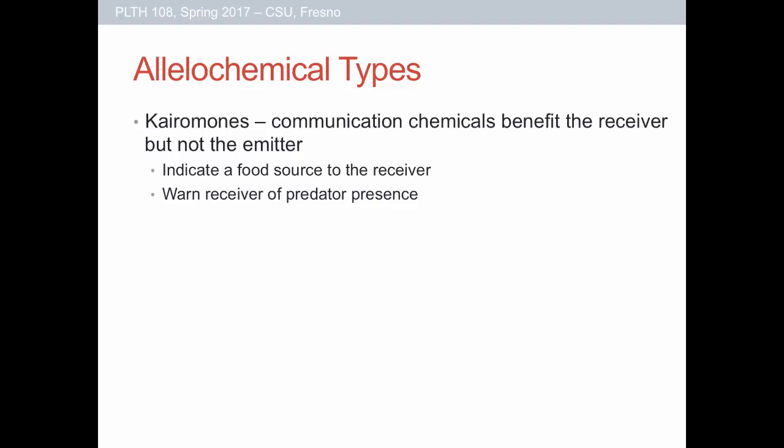Kairomones are another class of allelochemicals. This is where the communication benefits the receiver, but not the emitter. So typically, this would be the case of a chemical that tells the pest that there is some sort of food available. When we were talking with Forrest, he talked about how the pheromone emitters tend to shut down all of our pheromone traps, right?